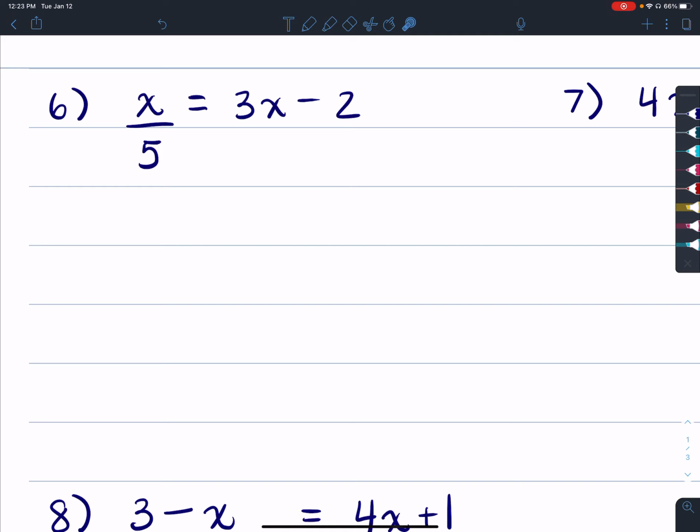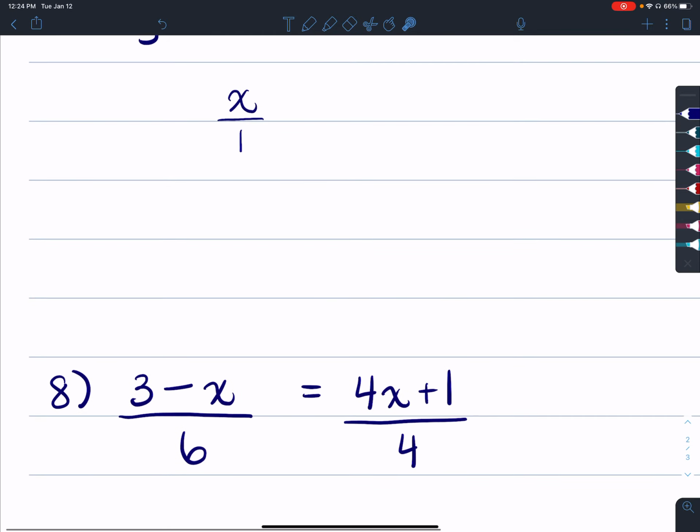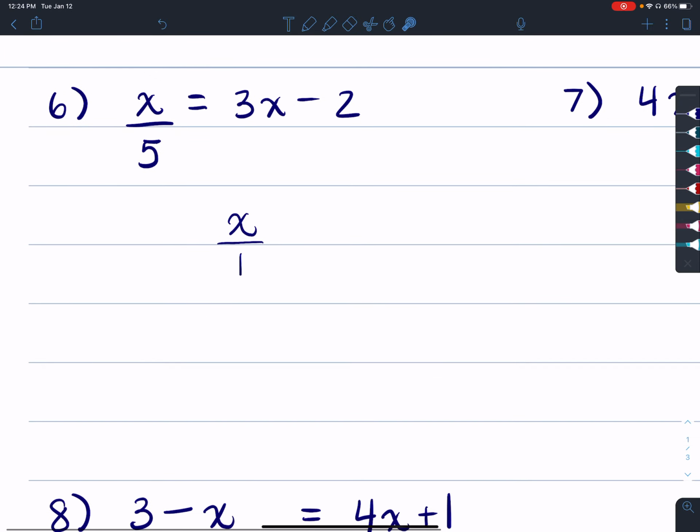So just a little refresher on what a denominator of 5 really means. If I had just x by itself, that would be x over 1. You can always think of denominators in fractions as the number of pieces that something is cut up into.